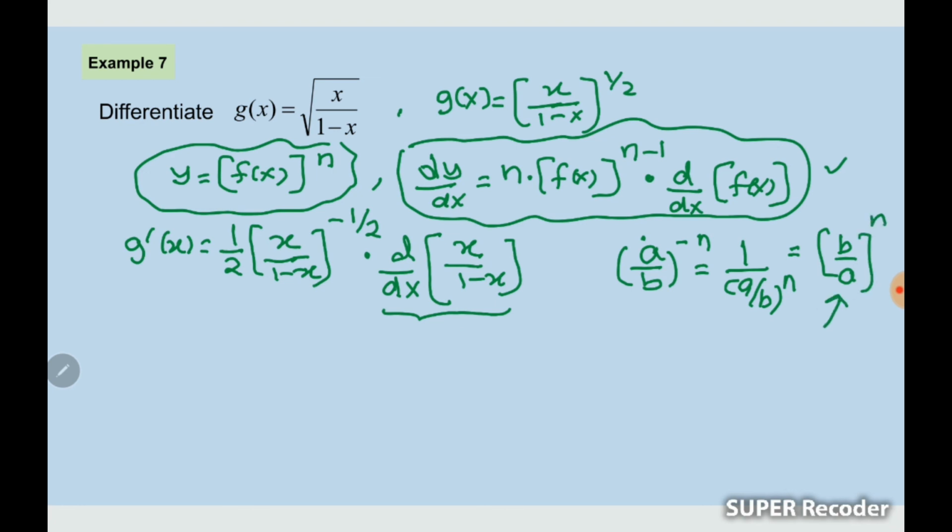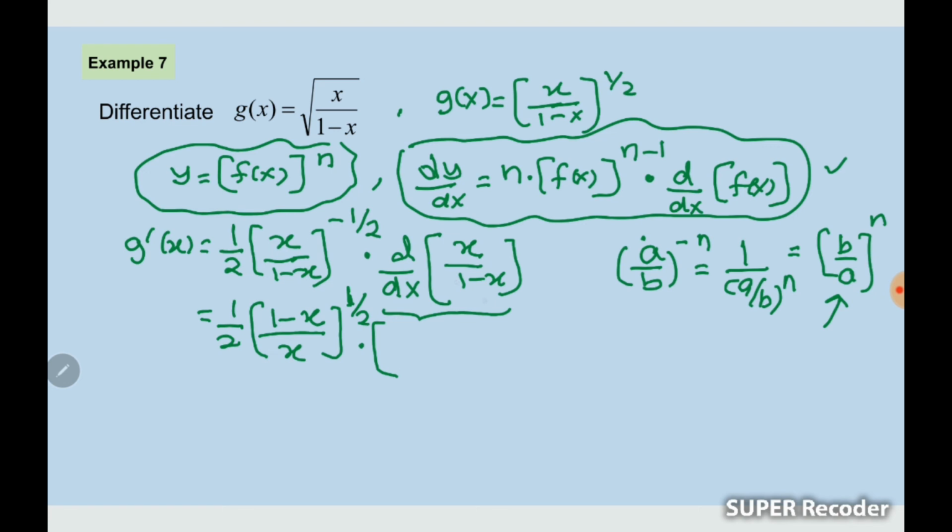Now I want to use this formula. So 1 minus x will be going upward now, and x will go down. The power will become 1 over 2 here. Okay, there is no more negative. Then you have to differentiate this one.